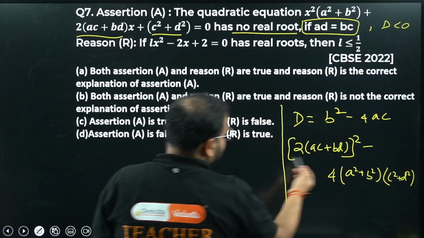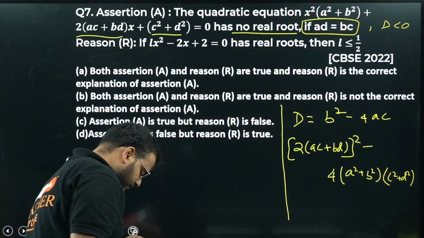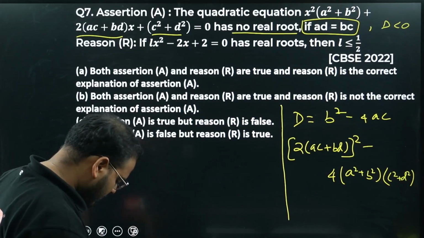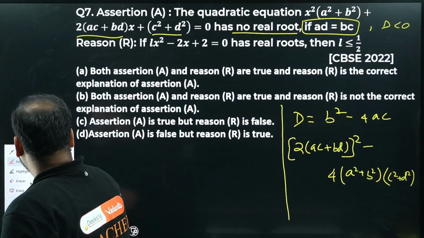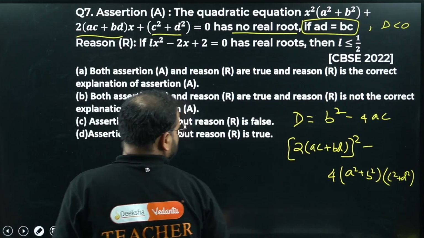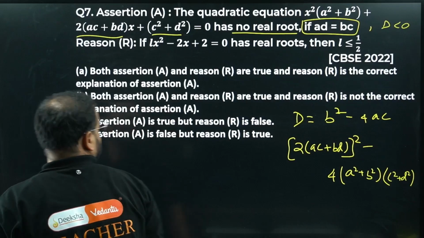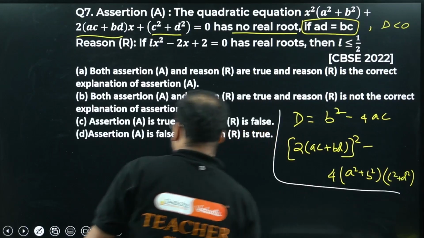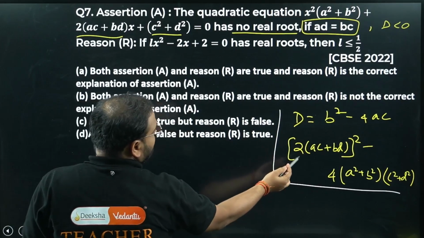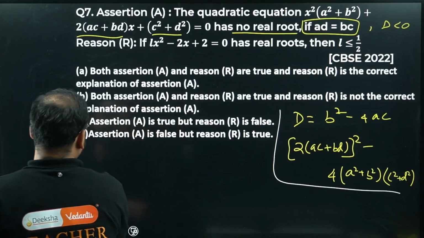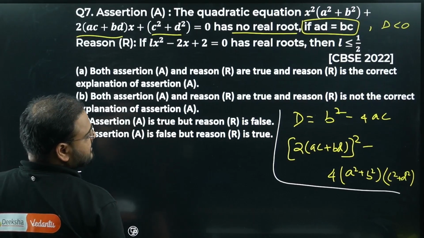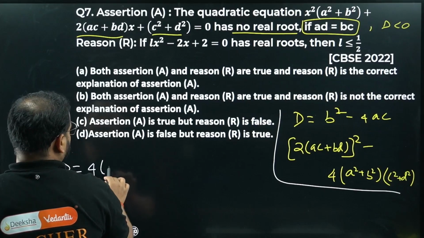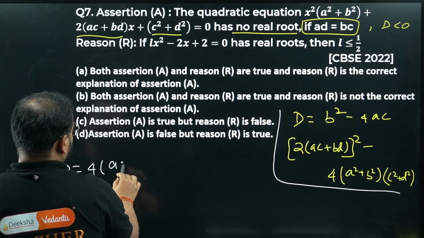Now if I expand it, how will it look? Please have a look. Square of this thing, so my D will become: twice of ac, so 4 times of a square c square for the bracket part.